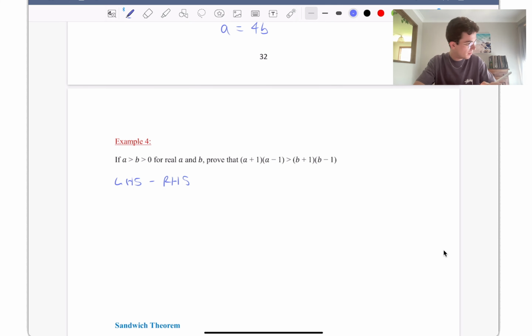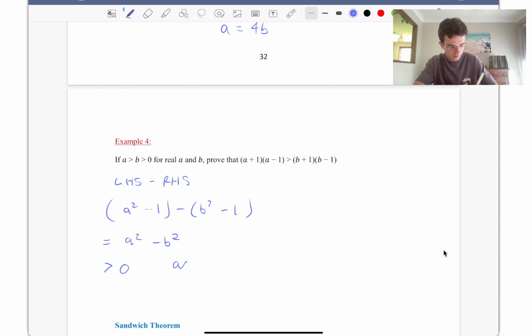Now I might just quickly expand that, because these are difference of two squares. So it's going to be a squared minus 1 minus b squared minus 1. Those minus 1s will die, and it's a squared minus b squared. Now that's greater than 0.